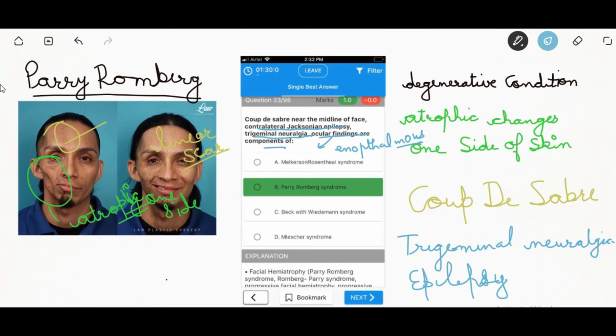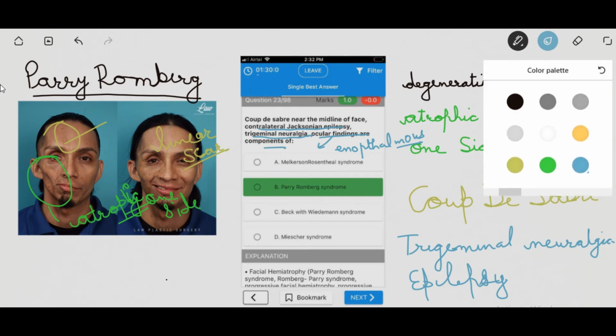The atrophy typically progresses slowly for 2 to 20 years and then becomes stable. Plastic surgery may be tried to improve the cosmetic deformity, or orthodontic therapy might be given, and it might be helpful to treat any associated malocclusion.